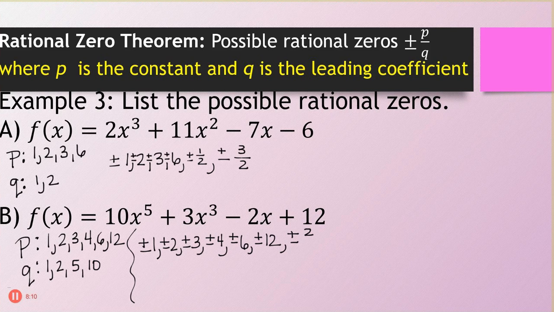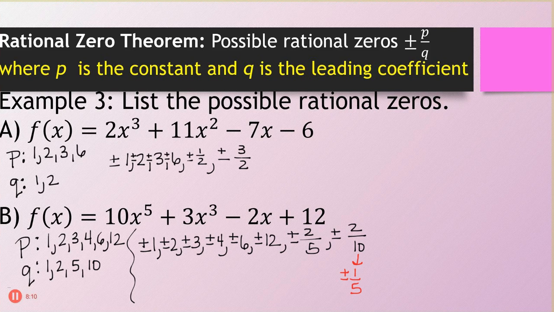Let's start over. So we have 2 divided by 1, 2 divided by 2, 2 divided by 5, and then 2 divided by 10. Well, 2 divided by 10 can be reduced to 1/5. So I'm going to write it, but we're going to reduce that down to 1/5.